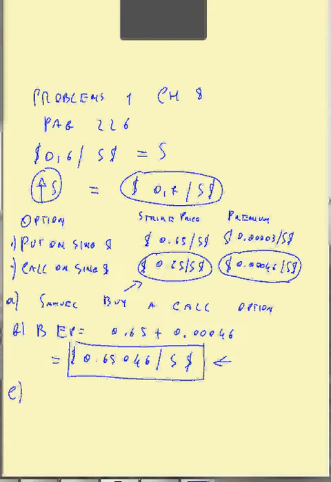So what is the profit if after 90 days the spot exchange rate is 0.7 USA dollars for each Singapore dollar?